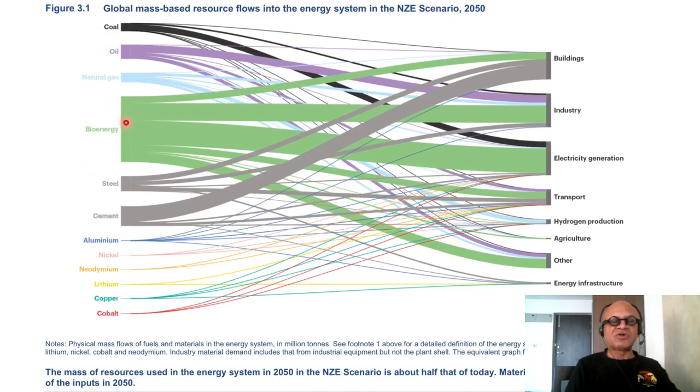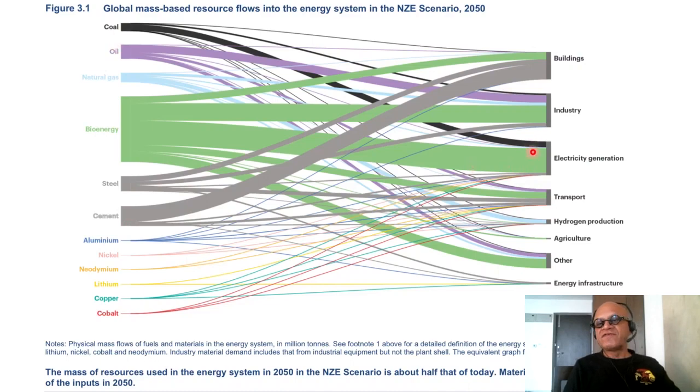So for example, bioenergy, we'll see where we are in terms of pledge scenarios and where we need to go in terms of net zero emissions. So these will be feeding into buildings, industry, electricity generation, transport, hydrogen production, agriculture and other, and energy infrastructure. So you can see that bioenergy is expected to do a lot of work. And of course cement and steel, aluminum, etc. will be feeding these as well.